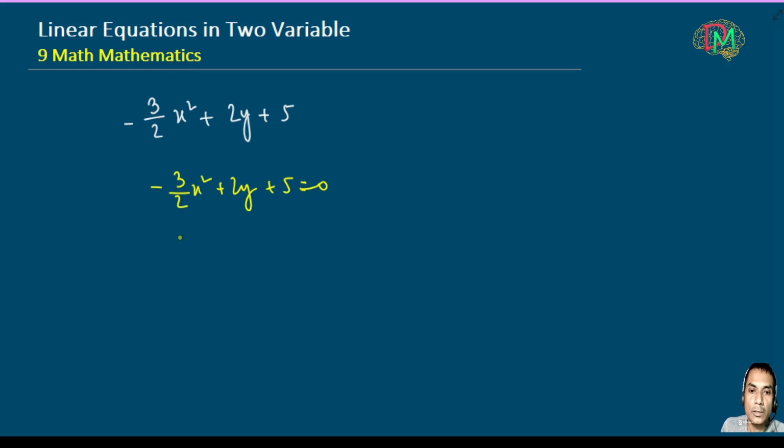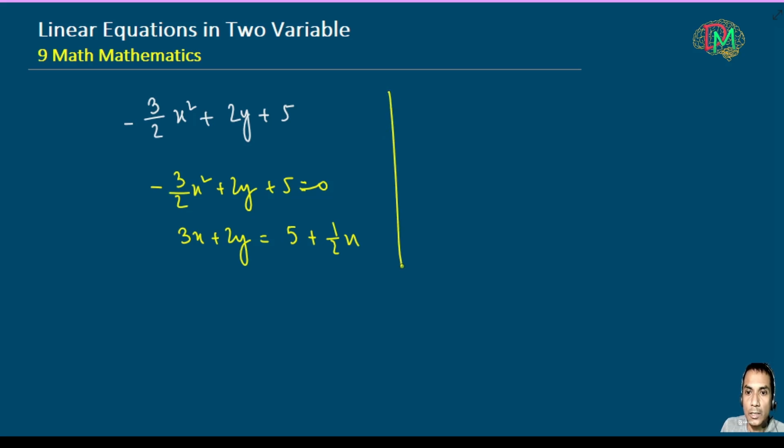One more example: 3x plus 2y is equal to 5 plus 1 by 2x. This is also an algebraic equation, because we can further simplify it.